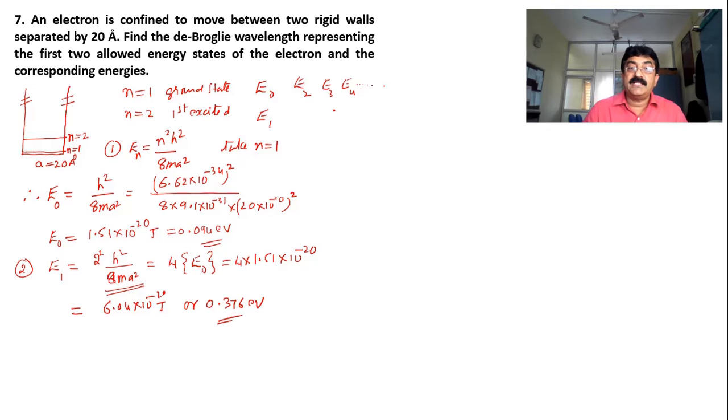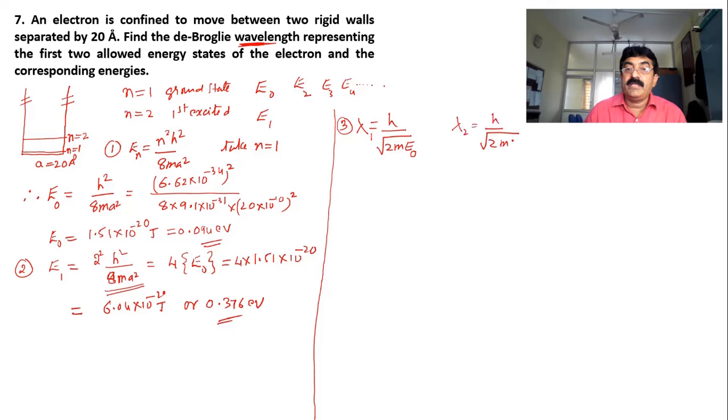Well, this is energy calculation, but he is not only asking energy, also asking wavelength calculation. Now first calculation of wavelength, lambda is equal to h divided by root of 2mE. So now you put lambda 1, this becomes E naught. Put lambda 2, this becomes E1, 2m E1. Okay. Well, let us simplify.